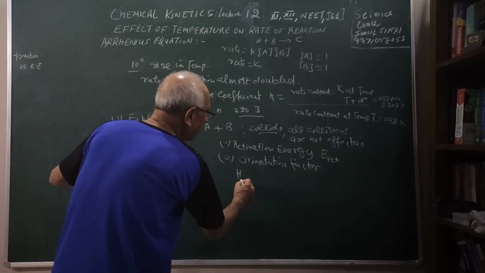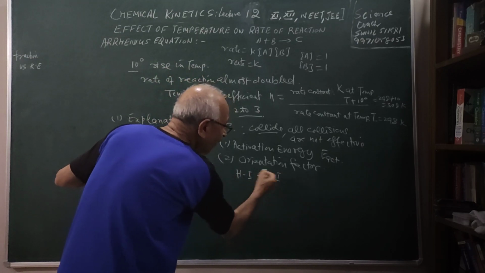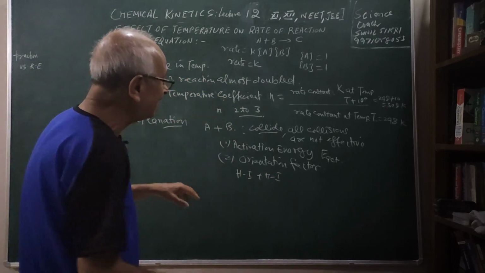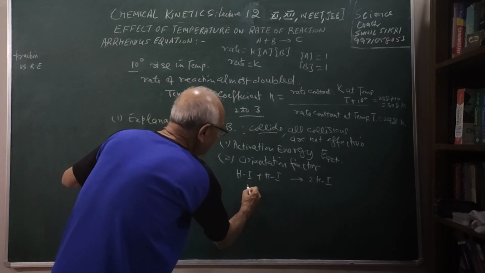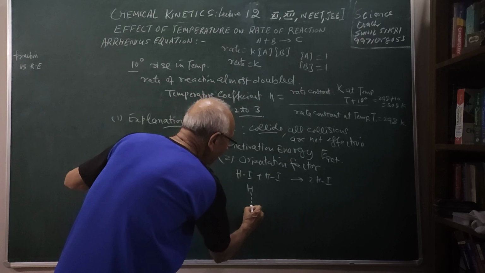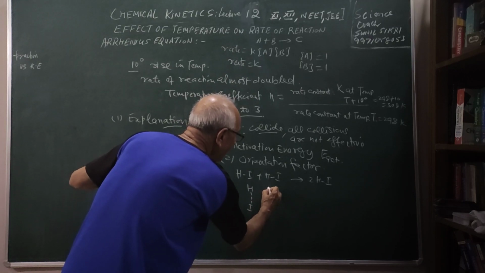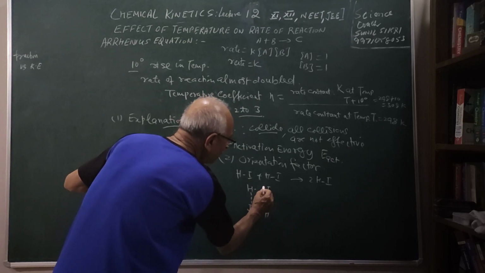For example, if I have a reaction of HI plus HI, they collide and they must have activation energy. But what is important if they want to form H2 and I2? This process involves breaking of the bonds. You have H, I, and H, I. The bonds are breaking and new bonds are forming.